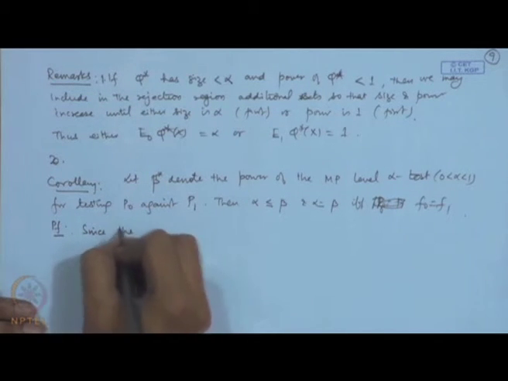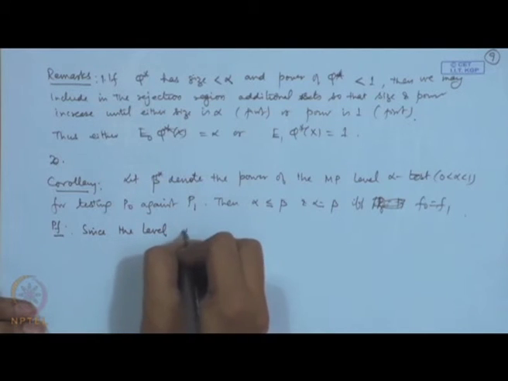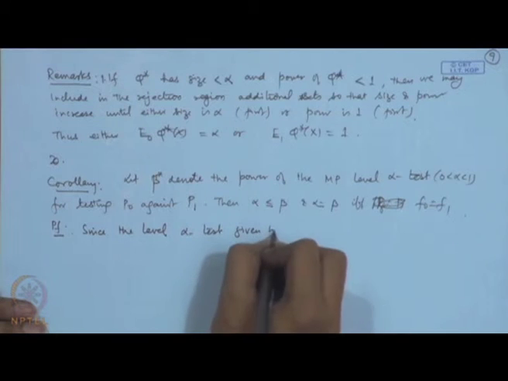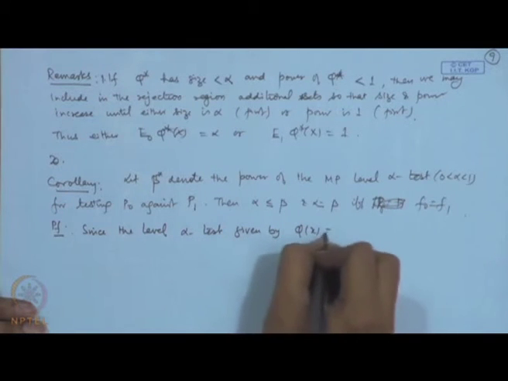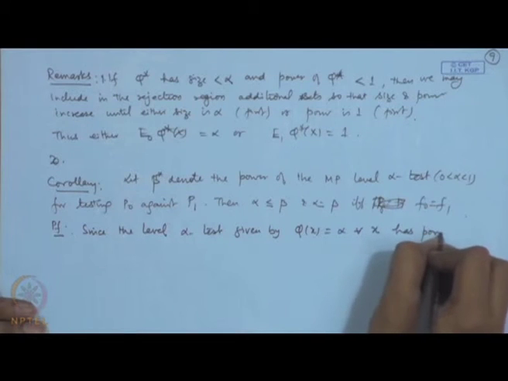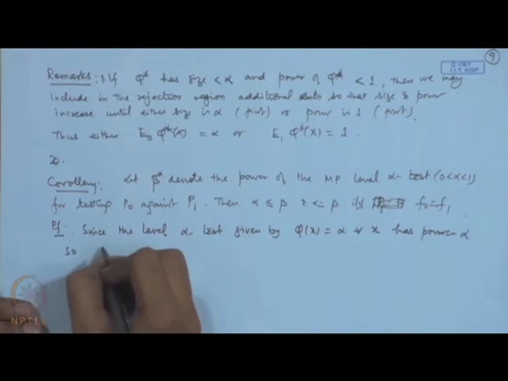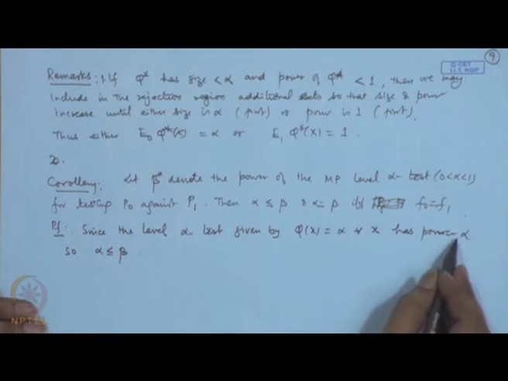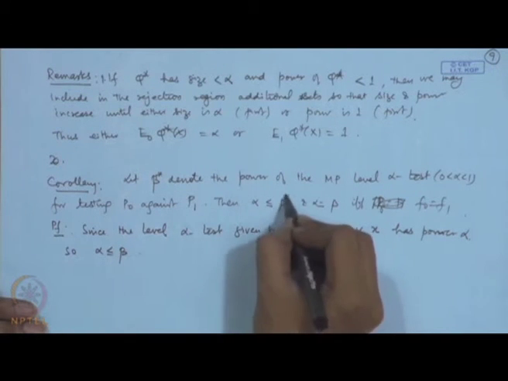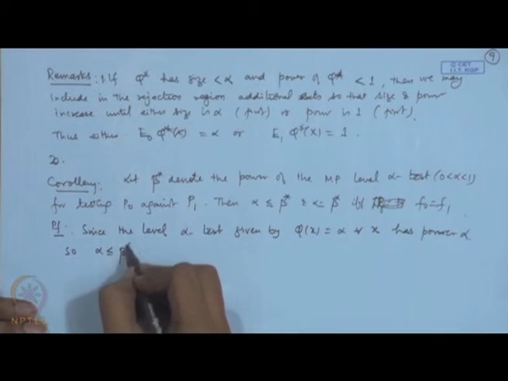Since the level alpha test given by phi x equal to alpha for all x will have power alpha, alpha should be less than or equal to beta, because this is one of the tests with power alpha and beta is the most powerful test power.